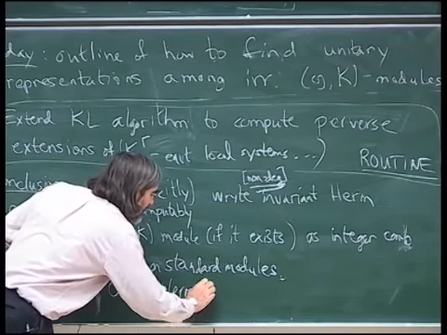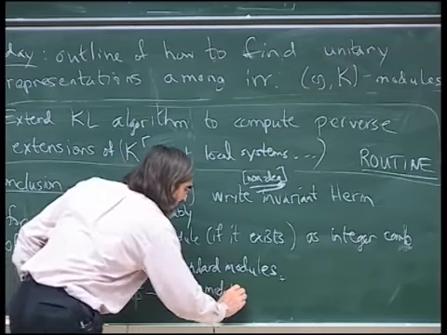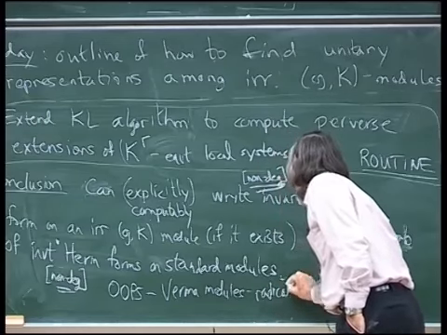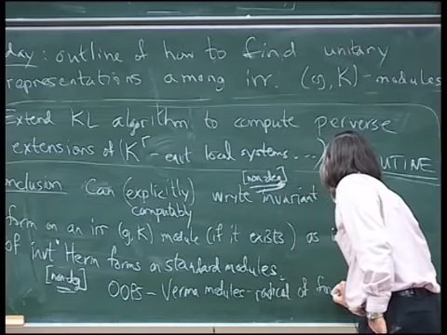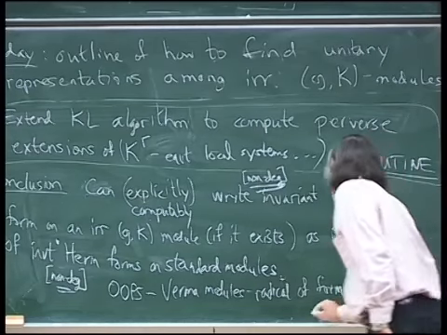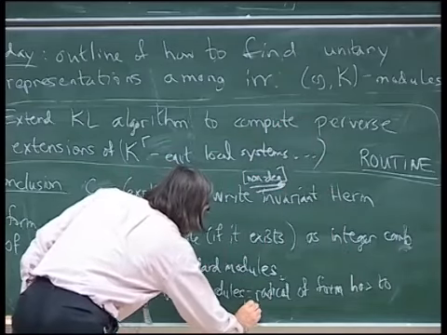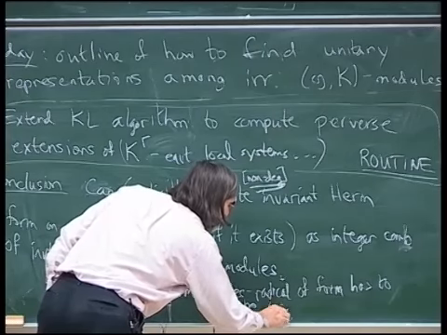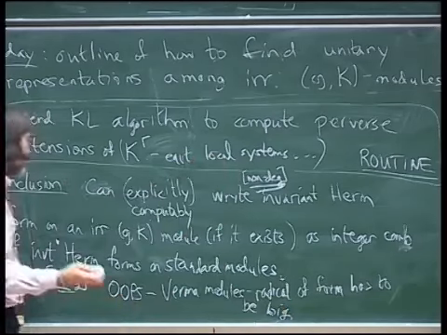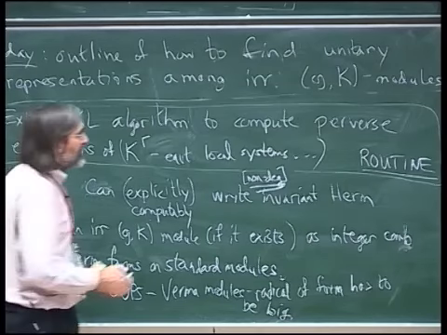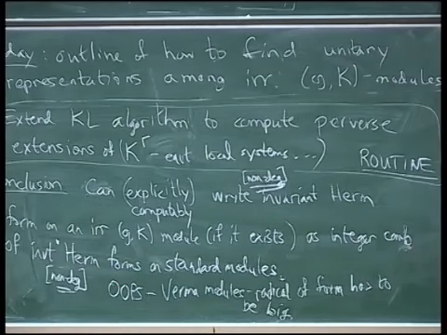In the setting of Verma modules, if you make the Shapovalov form, the radical of the form has to be big. So how can you talk about non-degenerate forms? So let me try to explain that.